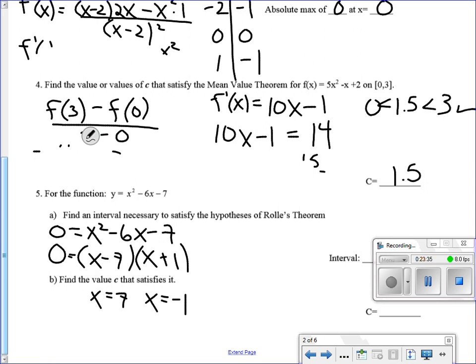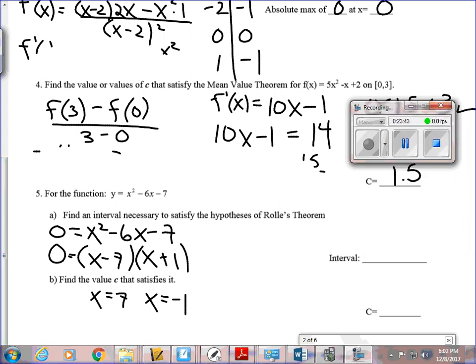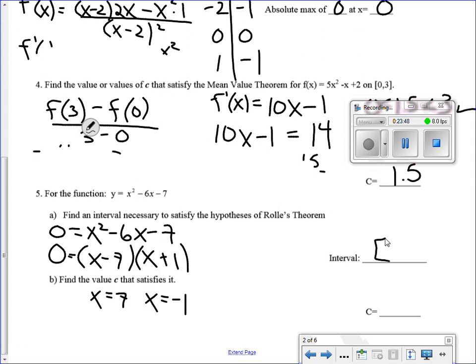So the interval that we could use for Rolle's would be the interval from -1 to 7. I'm saying the -1 first because that number is less. When you write interval notation, whatever number is less, or to the left on the number line, you write first. So -1 to 7.